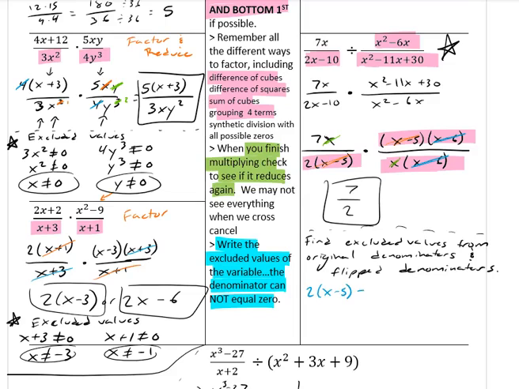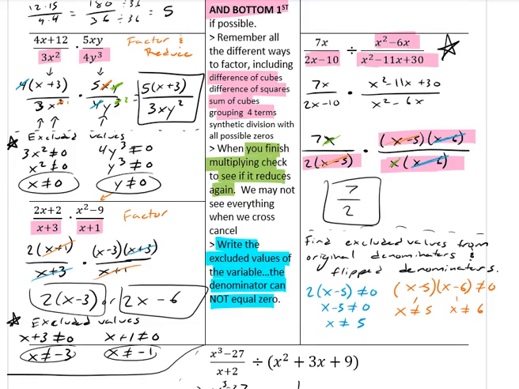2x minus 5 cannot equal 0. X minus 5 cannot equal 0. Therefore, x cannot equal 5. Next one. X minus 5 and x minus 6 cannot equal 0. Split them up. Therefore, x cannot equal 5 and x cannot equal 6.